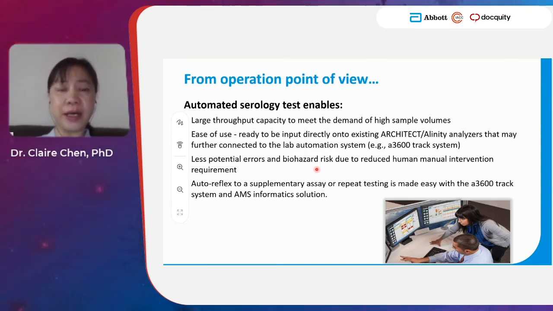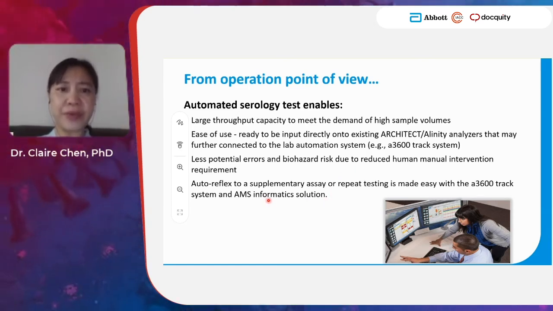Because recently, WHO and the IACC issued biosafety recommendations on sample treatment. If you have an automation system and automated instrument, it will reduce the chance that your lab personnel are exposed to the virus.